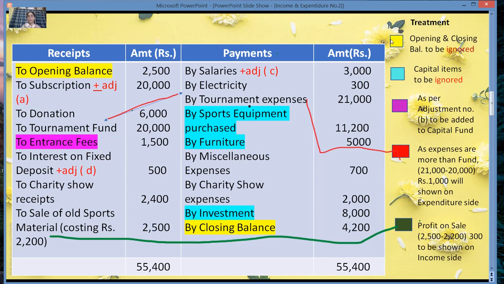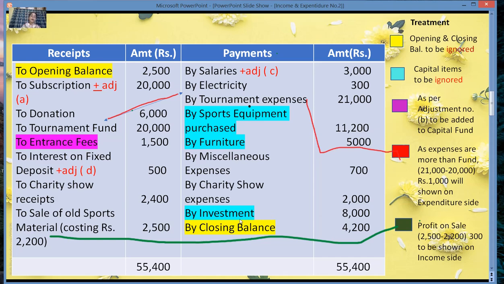Any capital item is to be avoided, because income and expenditure shows only revenue items. So what are the capital items here? I have denoted them by the light blue color. We have sports equipment that has been purchased, so it is 11,200. By furniture, 5,000 has been purchased, that is a capital item. And another item we have is by investment.